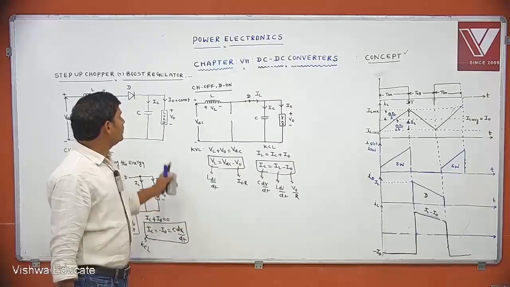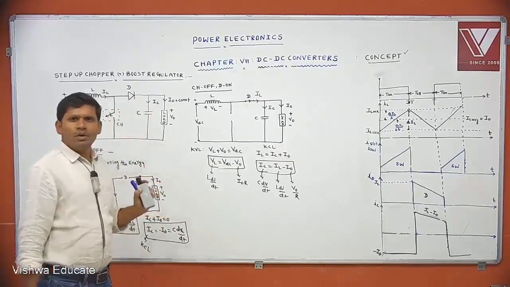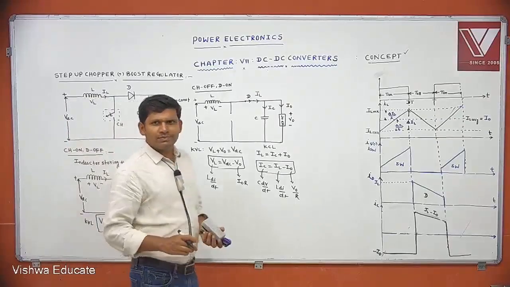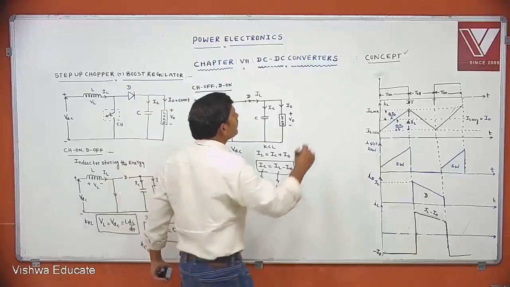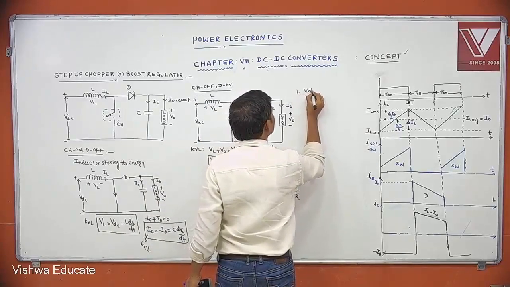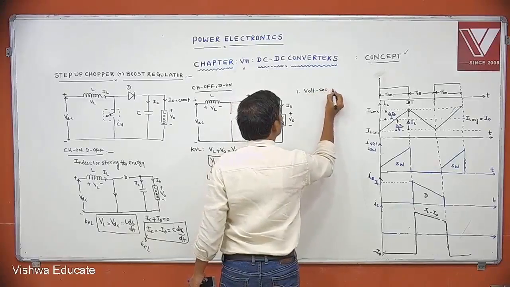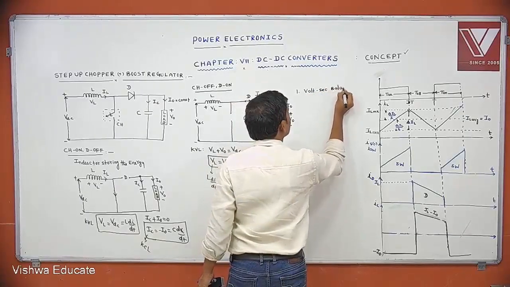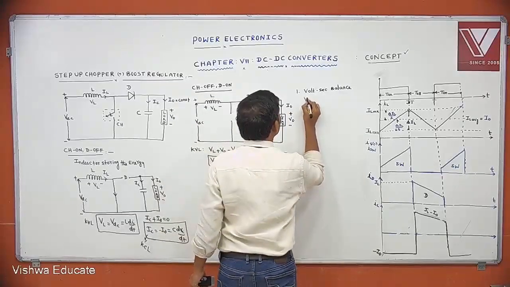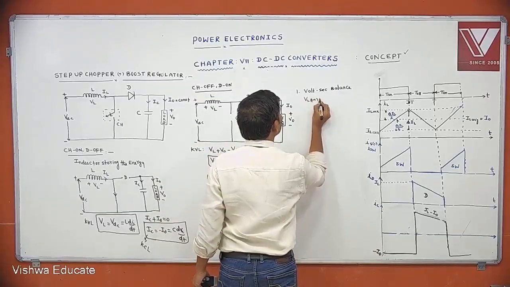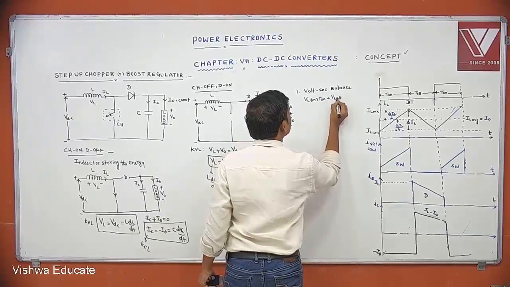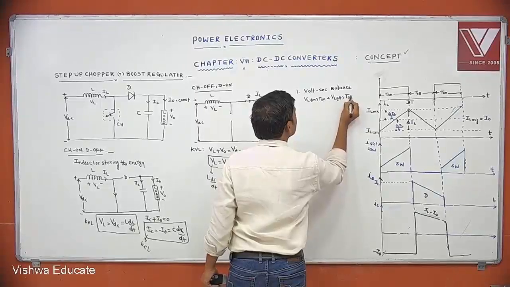Now, with this knowledge, if you want to do the analysis, first you start with volt second balance. What is volt second balance? VL on into T on plus VL off into T off is equal to 0.